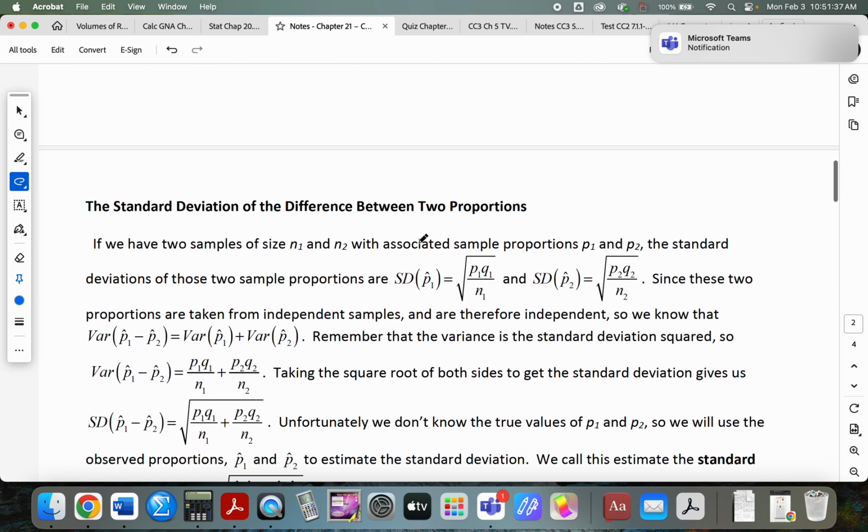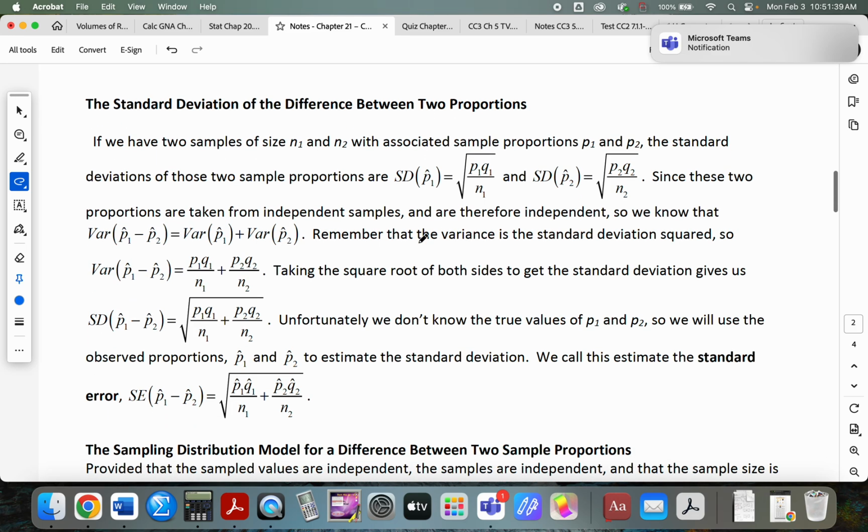So now we need to talk about the standard deviation of the differences between the two proportions. This actually goes back to some stuff that we did earlier last semester.